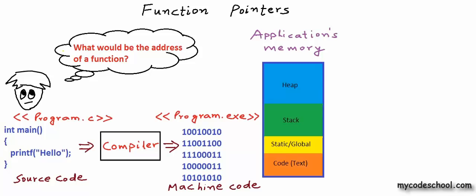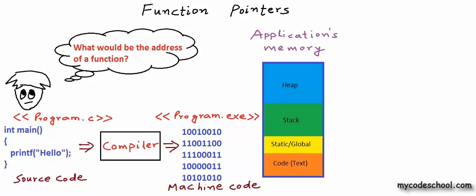So whatever application's memory we are talking about here will be a chunk of main memory. A program or application gets a chunk of memory only when it starts execution. When the application finishes execution, this memory is claimed back. What really happens is that when we run a program, when a program starts execution, some amount of memory is allocated to it, and that is what we are calling application's memory here.